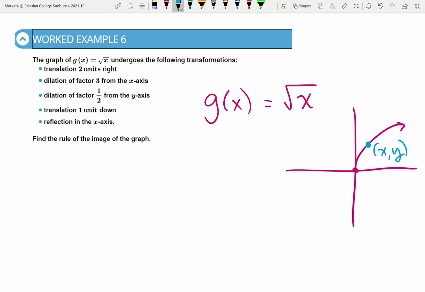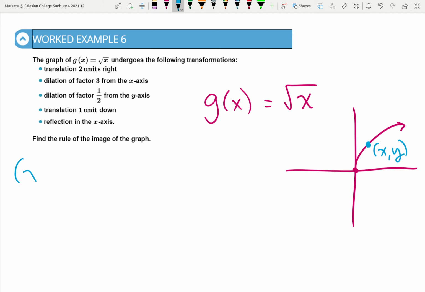Remember in the first worked example from this video, we had a point of 2, 4. If we dilated it or reflected it or translated it, it meant that we changed those values. That's what we're going to do with this point xy, and that's what we do when we use mapping.